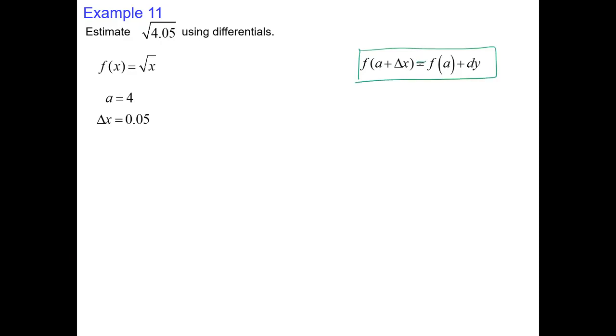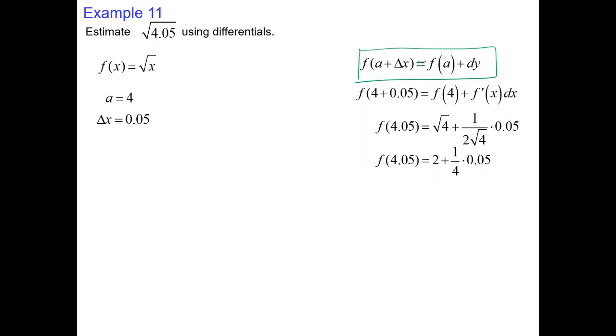I think I should type approximation. This is 4.05, f of 4, plus the derivative at 4 times 0.05. The square root of 4 is 2, the derivative is 1/4, and 1/4 times 1 over 20.